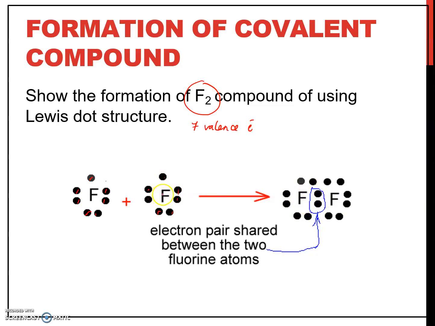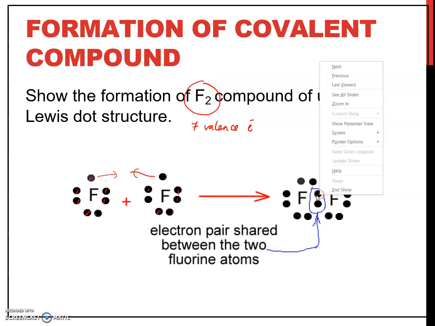Both atom fluorine share electron. So an electron pair is shared between two fluorine atom. One valence electron was shared from each fluorine atom, so it will form fluorine molecule.